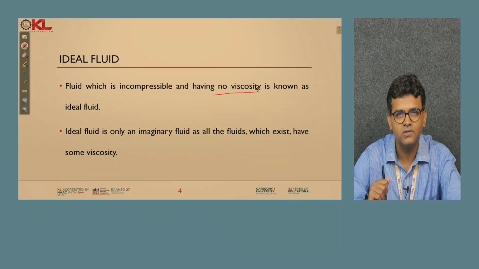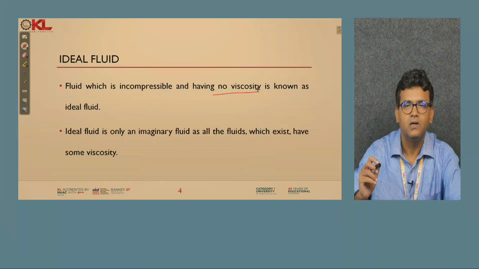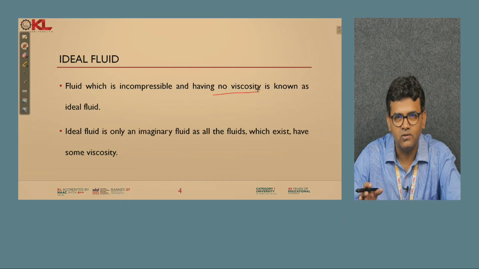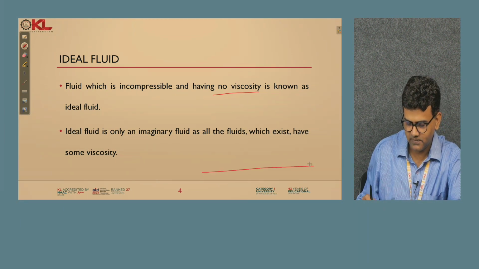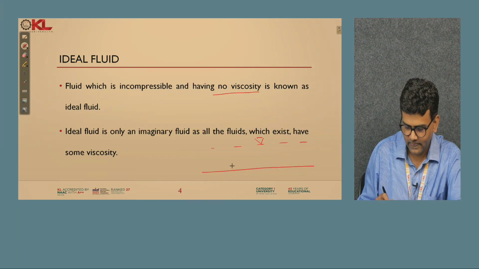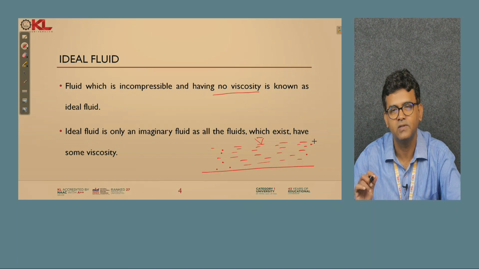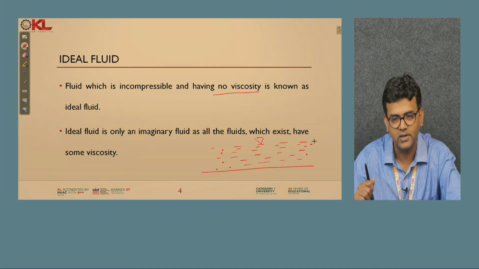What is viscosity? Viscosity is a property of the fluid, because of which the fluid has different velocities in its layers. If you see flow in a pipe or in an open channel, it has some depth of flow. Suppose this is the depth of flow, this is the top surface of the water, and there are a number of layers between the top surface of the flow and the bottom.